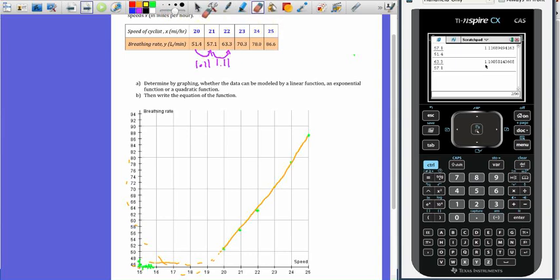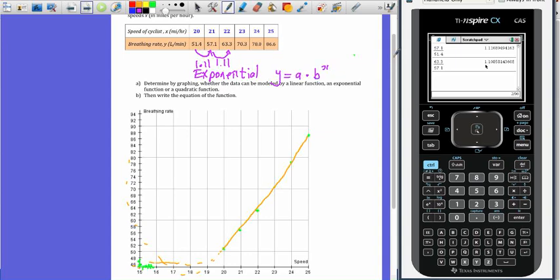Since this is a real-life mathematical model, we can't expect too much precision. There's going to be a margin of error that is reasonably close enough for us to conclude at this point that what we're looking at is in fact an exponential function, and so what we're after is a function in the form y equals a times b to the power of x.